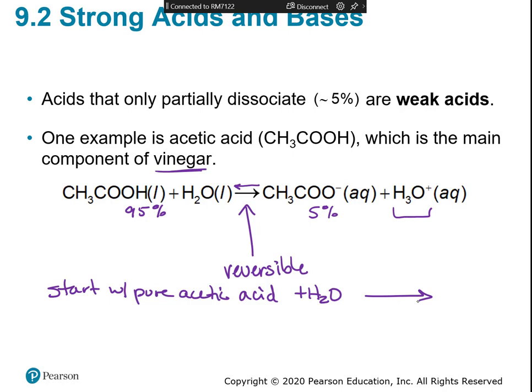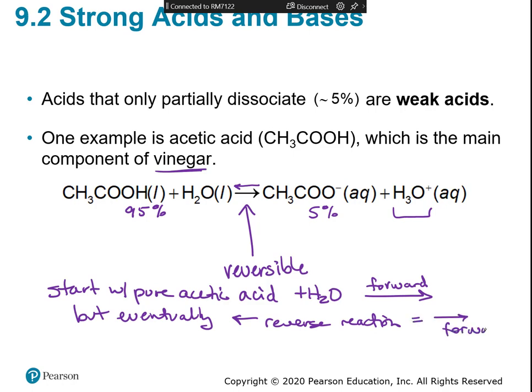So I'd start with pure acetic acid, and the forward reaction would take place more, but eventually you would have some reverse reaction, and it would end up equaling the forward reaction. And that is where you would have 95% unionized acetic acid molecules, 5% ionized or forming those ions. That's equilibrium.